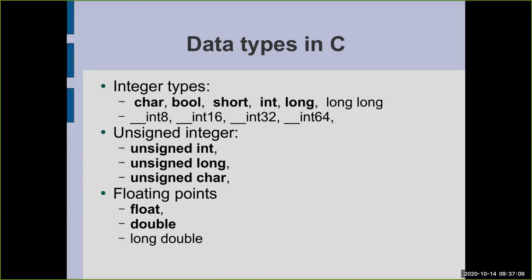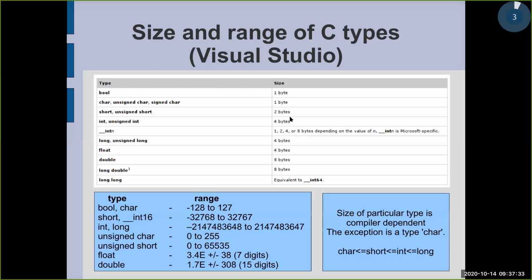Okay, there is the question about double underscore. Okay, this depends on compiler. On some compilers, I have int underscore t types, or I have int8_t. But commonly used are those in the first line. On this slide, you can see what are the standard types in Visual Studio. So this representation is taken from Visual Studio.